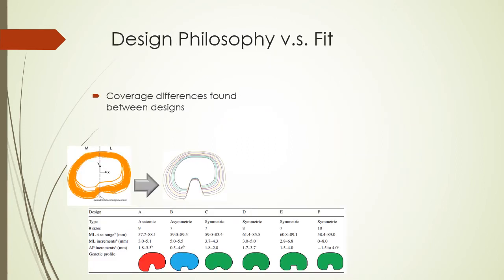So from that comprehensive analysis, the design of the anatomic device can be made, which comes to this Persona design. Based off all these hundreds of overlapped resection shapes, the shape of the tibial trays were then developed, nine sizes of them to capture all these anatomic variations.